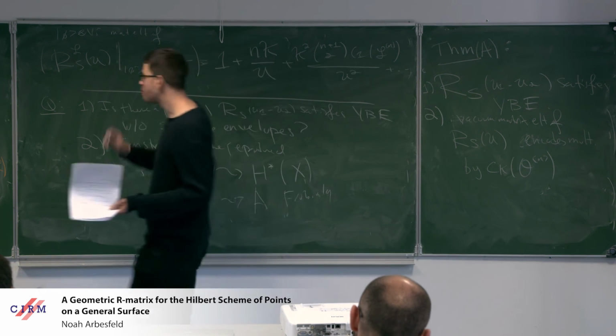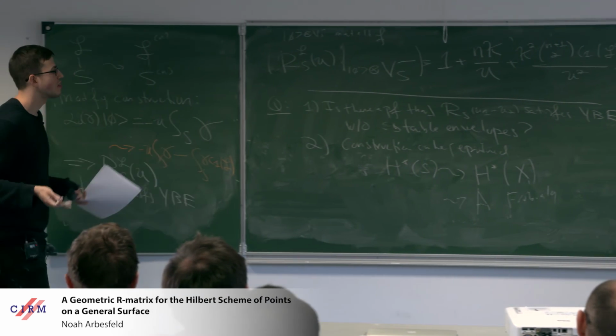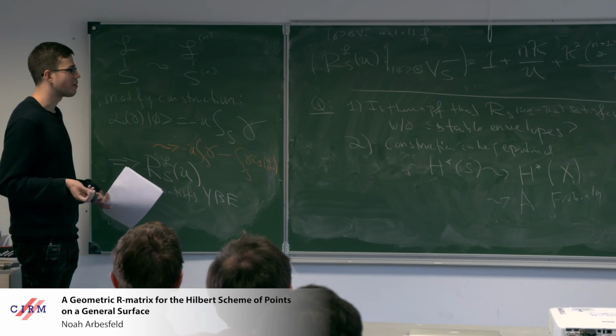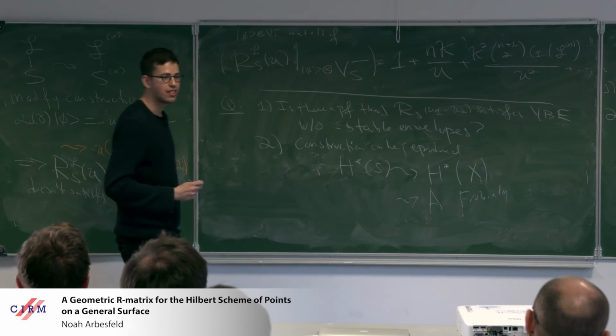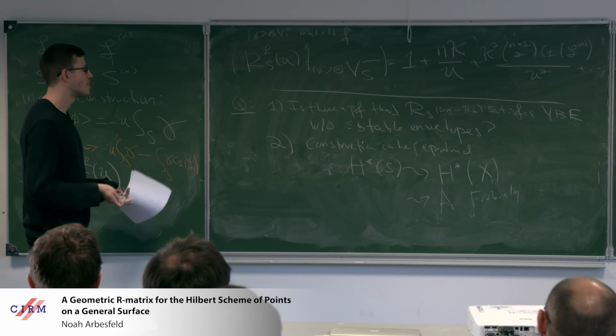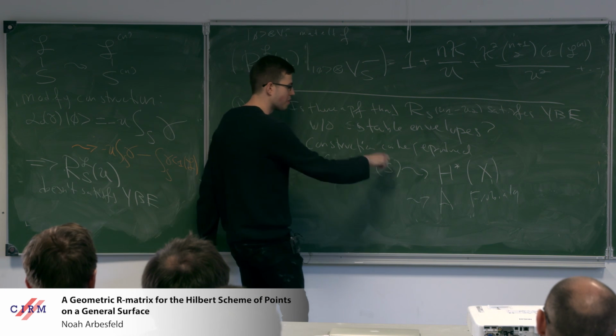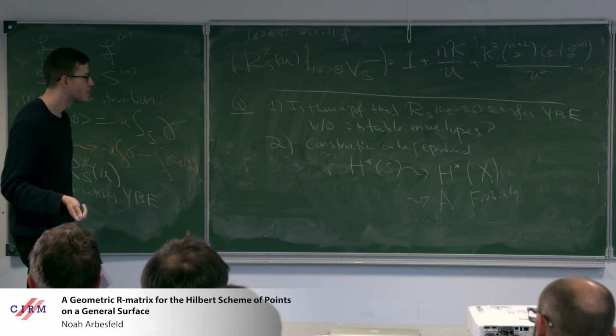And you can run the same construction, and you can ask whether these R matrices still satisfy Yang-Baxter. I tried it for some projective spaces, and it still does, but then I realized that those Frobenius algebras can just be written in terms of Frobenius algebras of a surface, so that's not so interesting.